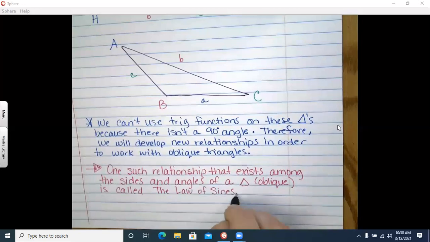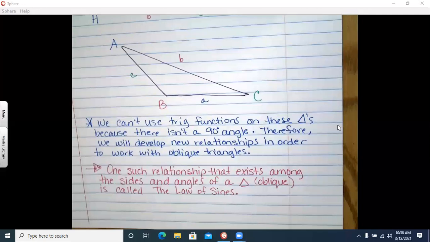The law of sines. Anybody still writing that? Okay.